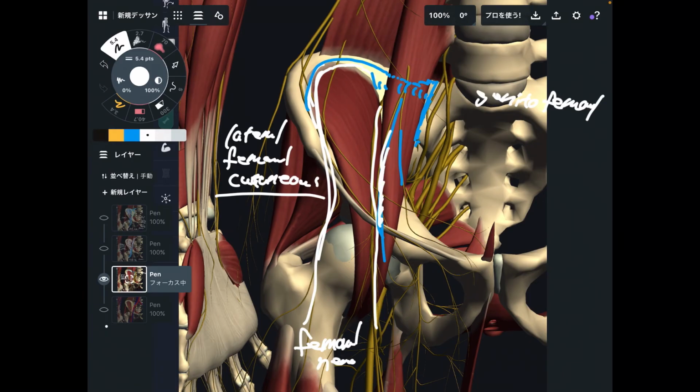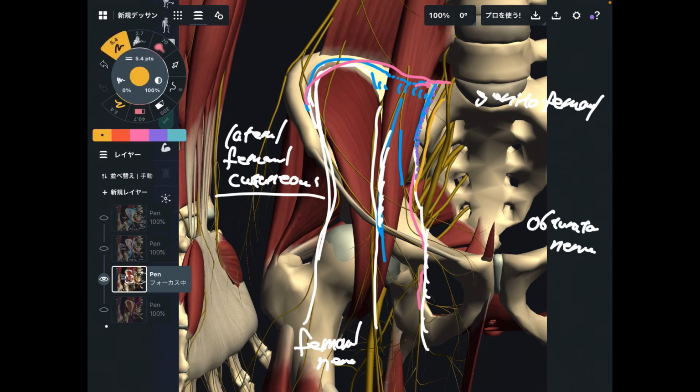Next one is a deep nerve. That is this one. This is the obturator nerve. The obturator nerve is very deep and very medial. It looks like it doesn't have a relationship with iliacus. Don't forget, iliacus is a very wide muscle. Then now it looks like there's a relationship between the obturator nerve and iliacus. Next one is kind of a group of nerves.